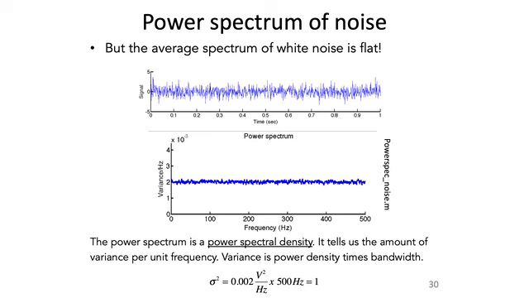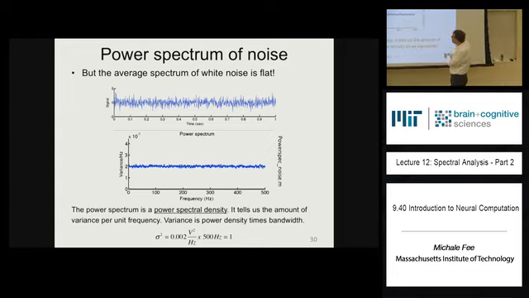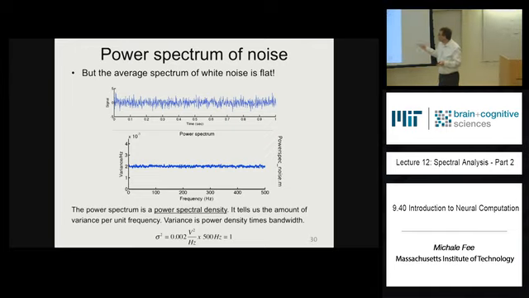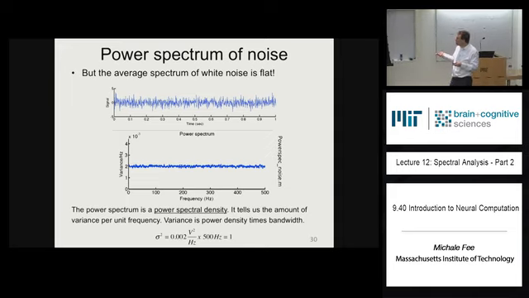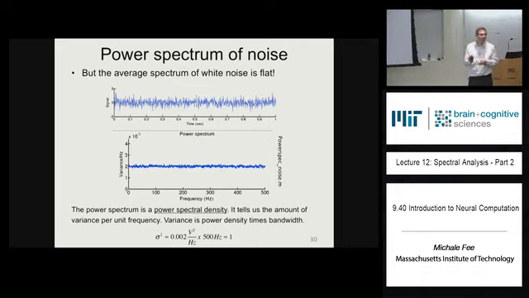And so the variance is the variance per unit frequency times the bandwidth, and that's 1. And we started with Gaussian noise that has variance 1. And when we calculate the power spectrum of that, we can correctly read out from the power spectrum how much variance there is per unit frequency in the signal. Okay? All right, it's kind of a subtle point.